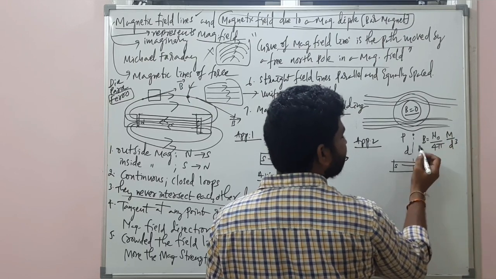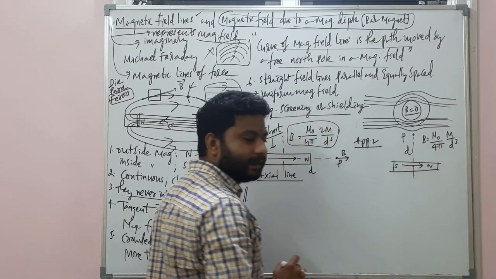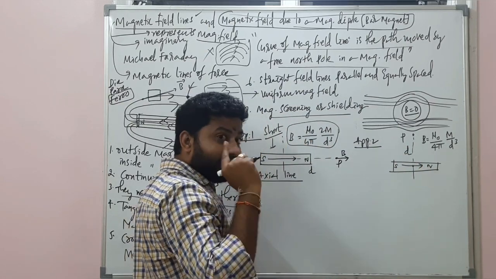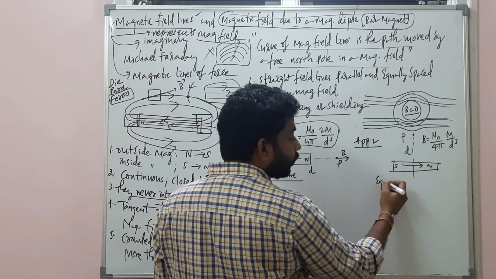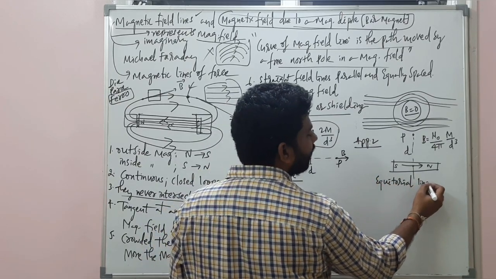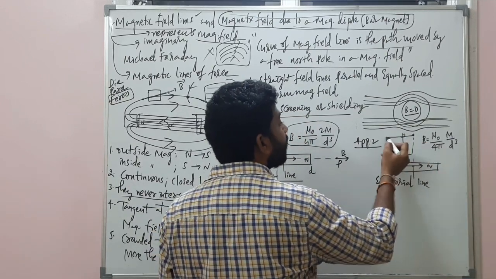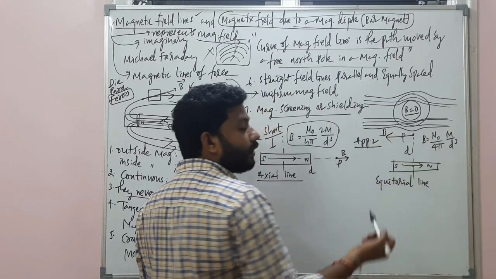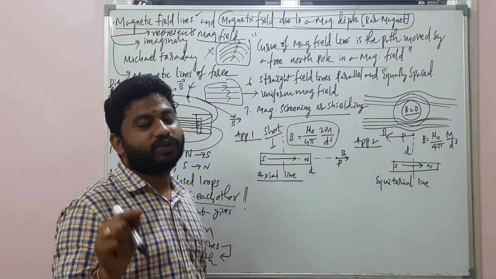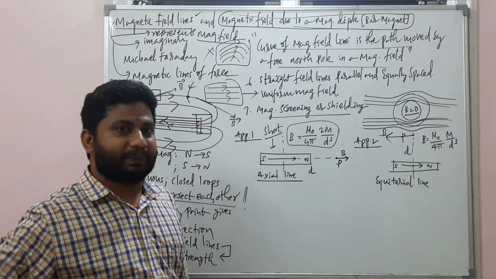This d is the distance between the middle point of the magnet and the point P. Here, on its equatorial line, this is also a short bar magnet. On its equatorial line, the direction of the magnetic field will always be opposite to the dipole moment of the bar magnet, similar to the electric dipole.